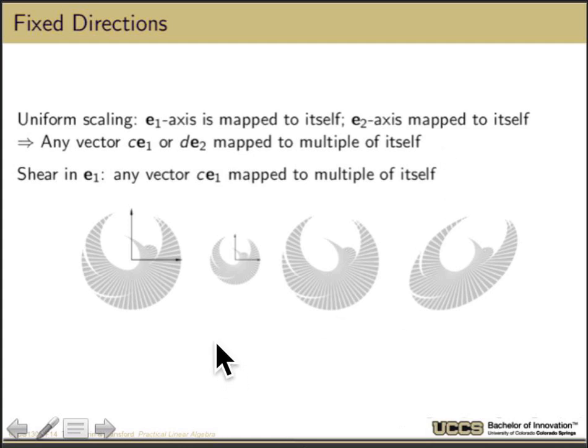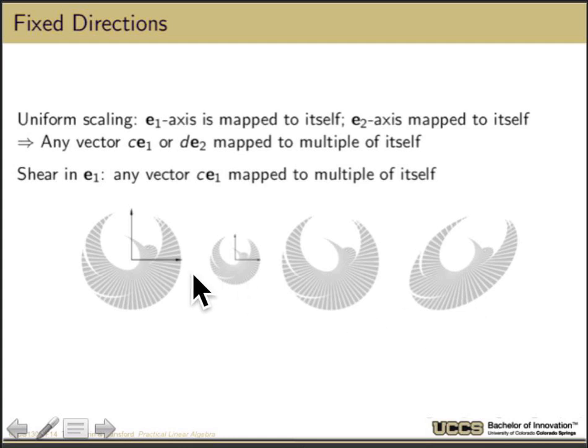Now another case, which is not as simple, is if I just shear in the E1 direction. So I'm going to shear it this way. Now any vector in the E1 direction is just cE1. So if I take a vector up here at the top, it becomes some constant times E1, take some vector down here, but the E2 direction is not the same.